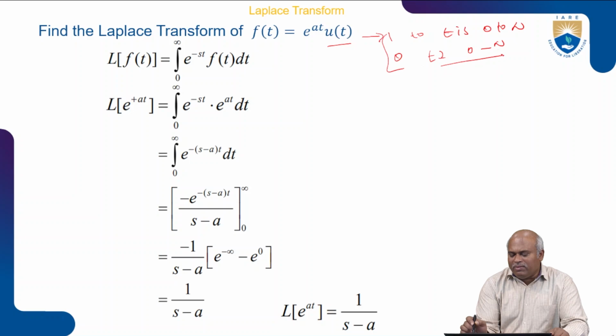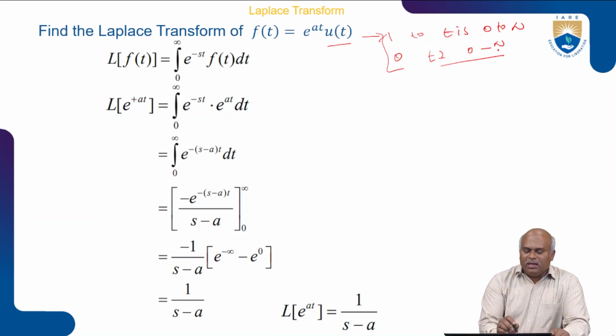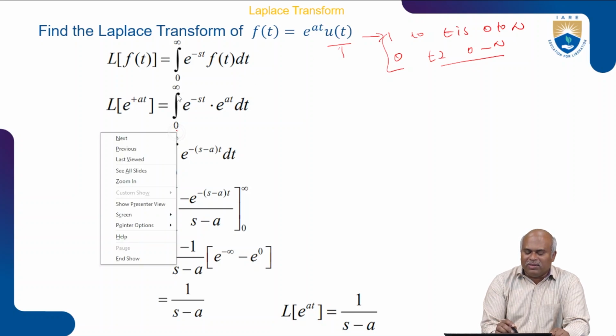So now we go for the Laplace transform. The Laplace transform of f of t equals the integration from 0 to infinity of e power minus st f of t dt. Here I wrote the unilateral condition. Since we already have u of t, the integration is present from 0 to infinity only.